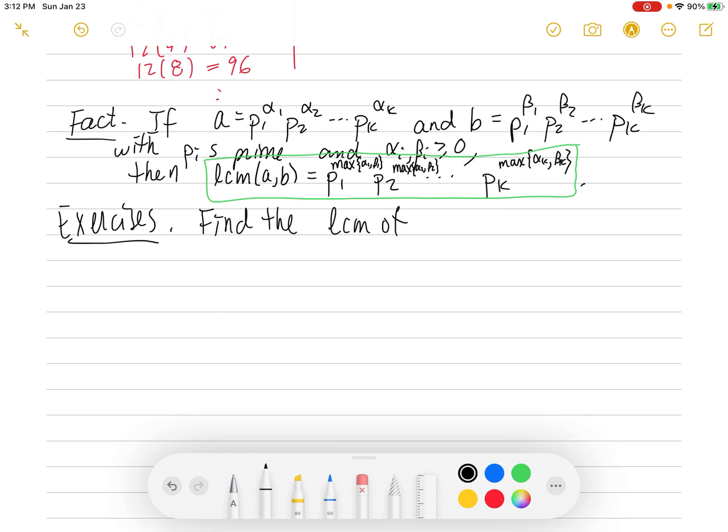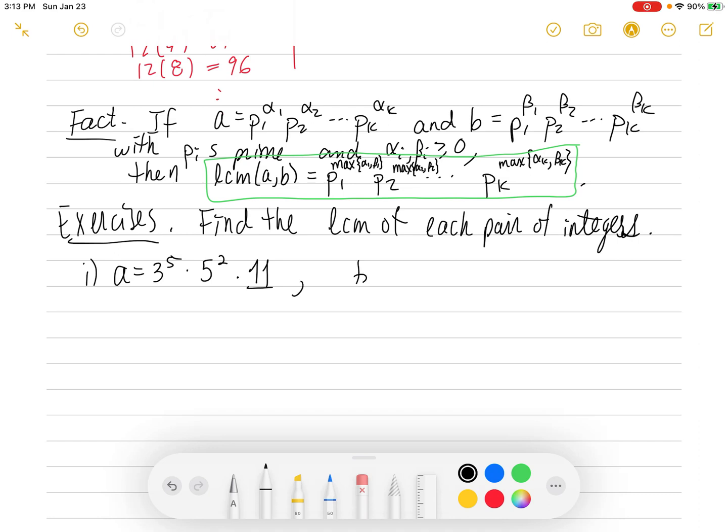Find the LCM of each pair of integers. Here a is 3 to the 5th times 5 squared times 11. And b is 2 to the 3rd times 3 squared times 5 times 11 to the 4th power.